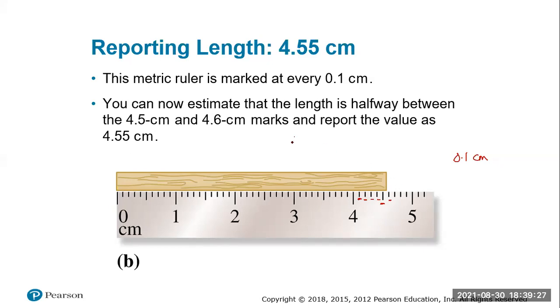Everybody should agree at least it is 4.5, and now we have our estimated digit there. If you feel it's halfway there, you could put a 5 there. These would be all of our certain numbers and our first uncertain number. They would all be significant, and this would be 3 significant figures with this particular one here. Any questions on that one there?